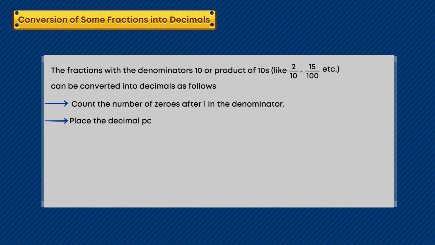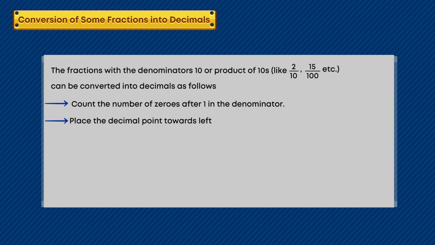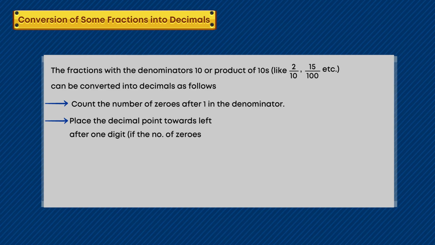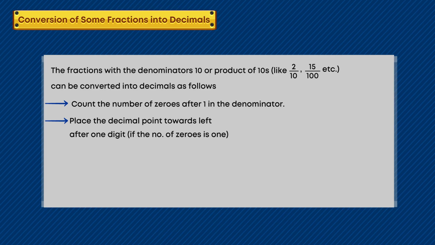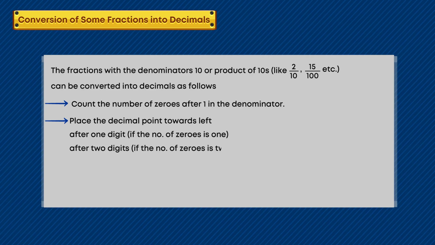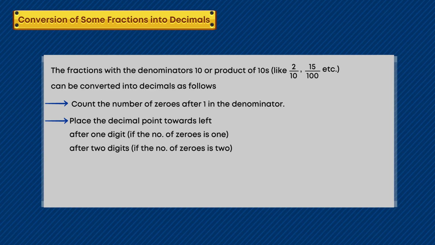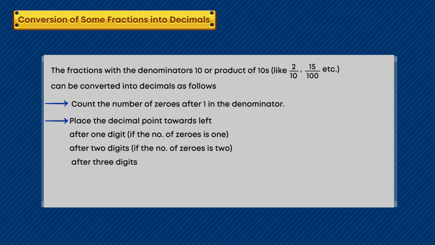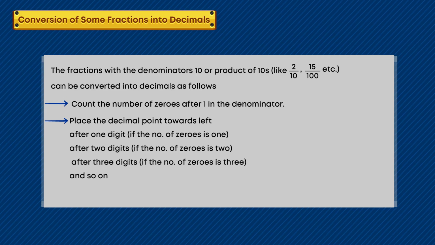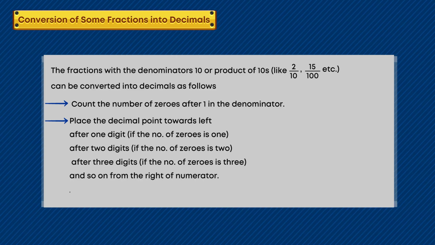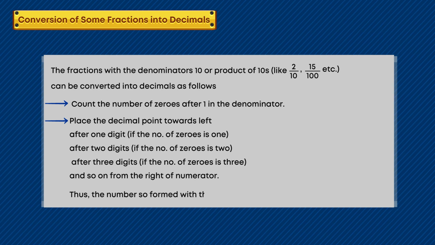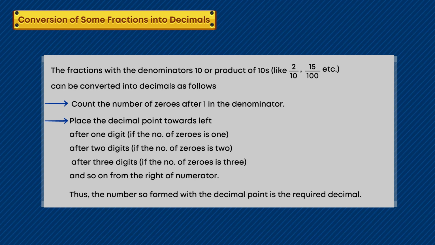Place the decimal point towards the left after one digit if the number of zeros is 1, after 2 digits if the number of zeros is 2, after 3 digits if the number of zeros is 3, and so on, from the right of the numerator. Thus, the number so formed with the decimal point is the required decimal.